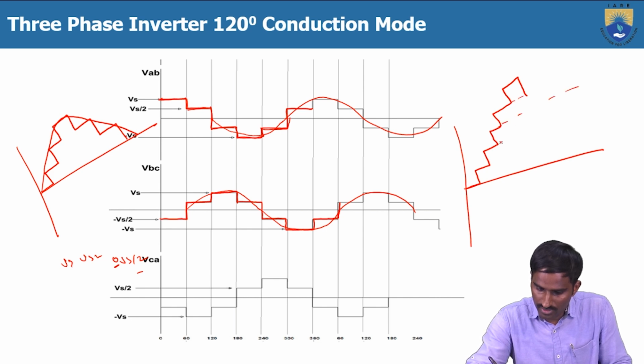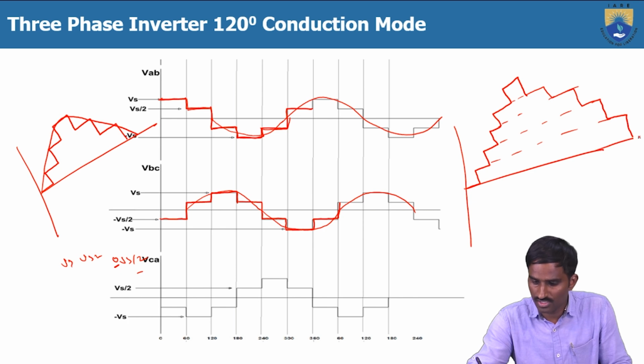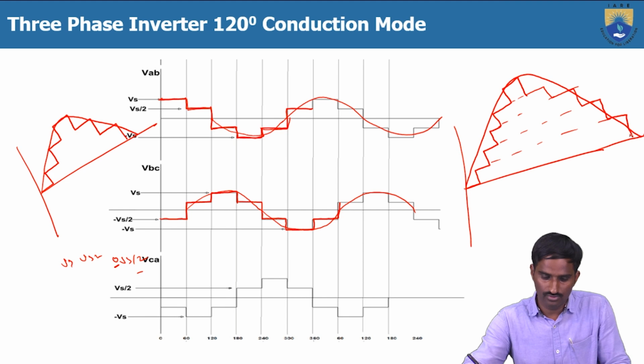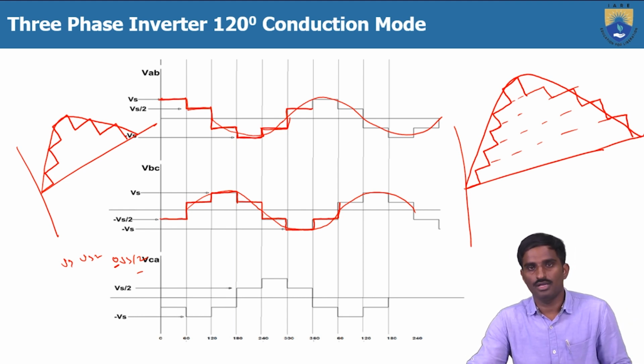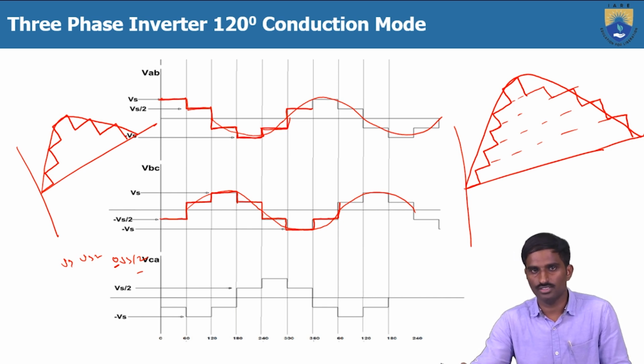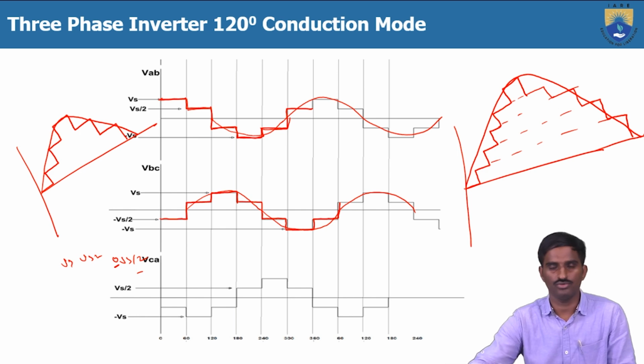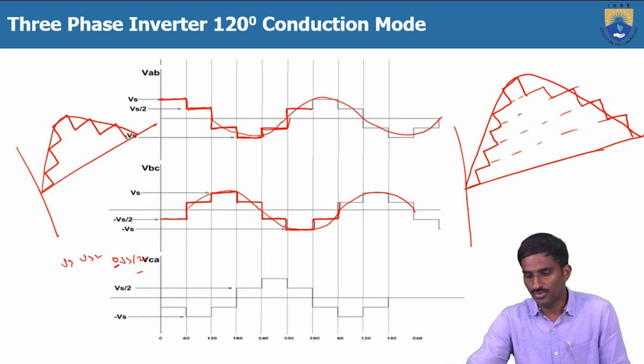Here we will get another level, and here another level, and here another level. Like this. So here it is nearer to the sine wave when compared to this one. That is how we go for the high levels of multi-level. If you want to get the sine wave, there are different ways to get the pure sine wave. Either we use filters or we go for multi-level inverters.